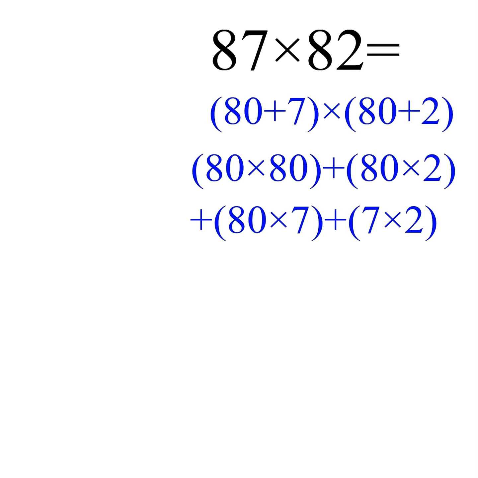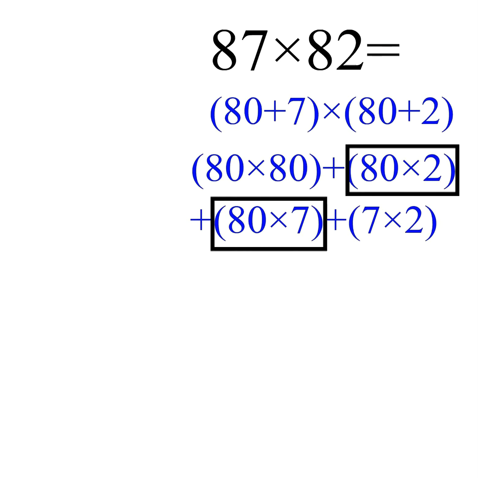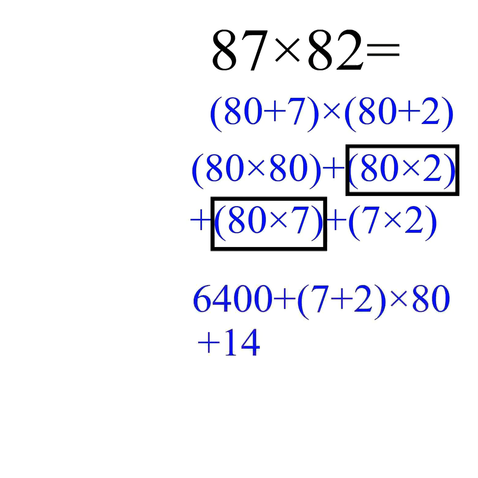Again, writing these two as a product using the distributive property makes it equal to 7 plus 2 times 80.